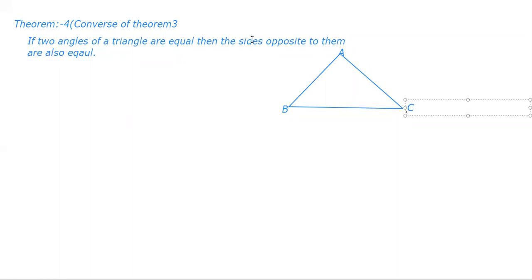Suppose angle B and angle C are equal, then you have to prove that the opposite sides AB and AC are also equal.